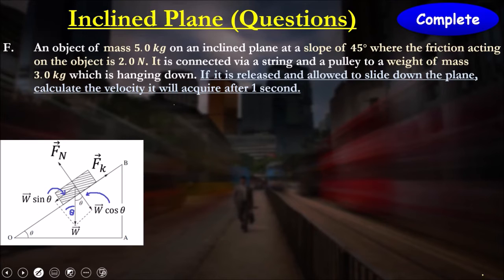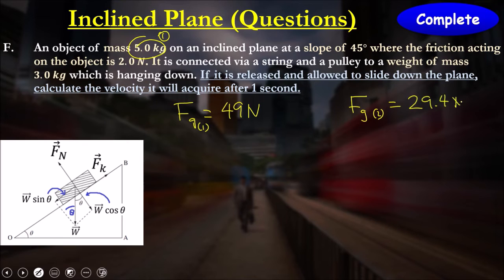We already know that the weight force is 49 for the first one, so for mass 1. We know that the weight force of the second object is 3 times acceleration due to gravity, so it's 29.4 newtons.